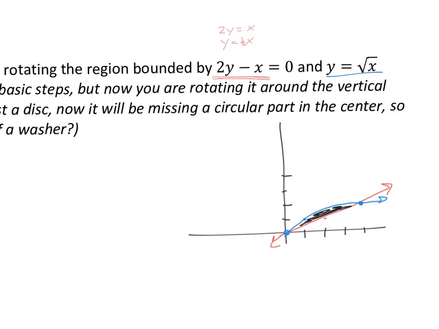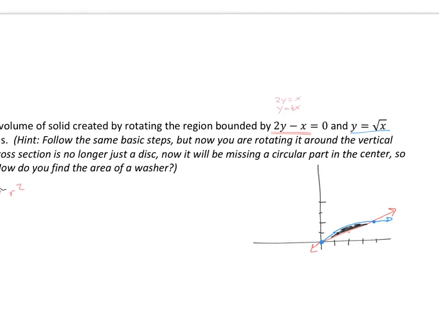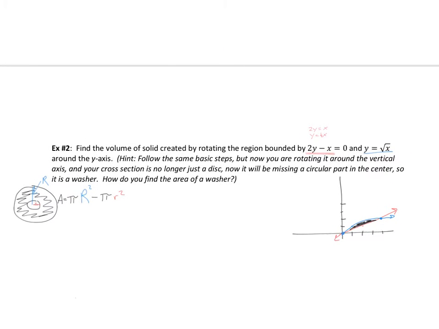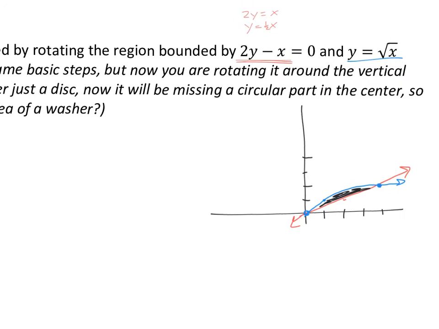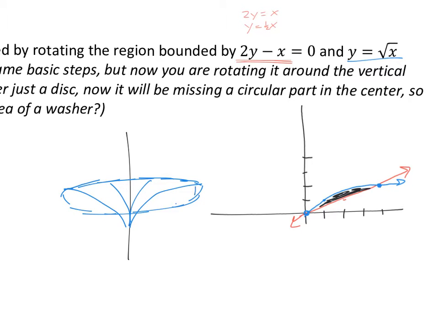But remember, we're not just finding that little area, we're actually finding the area of infinite washers rotated around. So when I rotate it around, it looks something like this. I know I'm not that great of an artist, but you get the idea here.